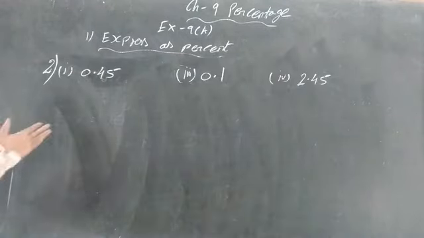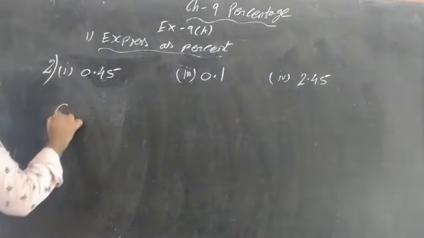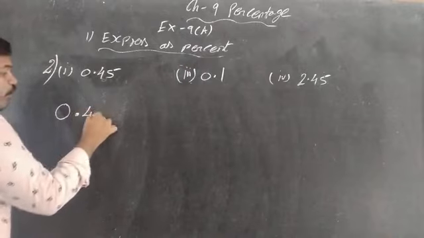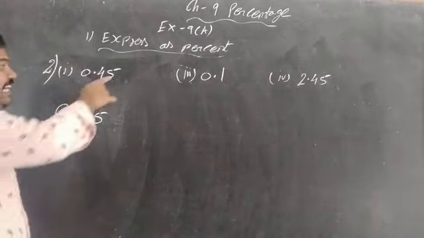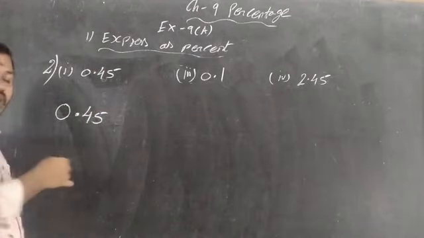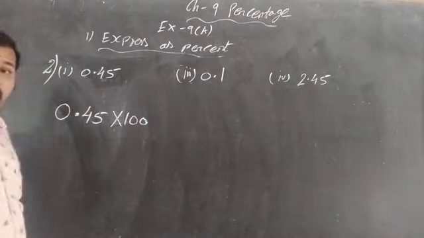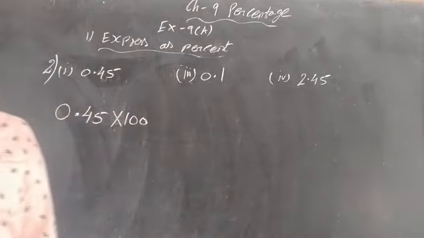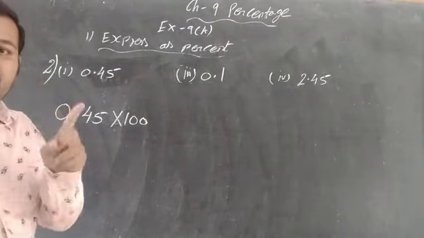The next sum is also expressed in the form of percentage. First one is given 0.45. We have to check whether the percentage symbol is there or not. It is not there, so we are giving percentage. Then what do we have to do? Into 100. So we learned one thing: the decimal point with 100 will move 2 places to the right side.